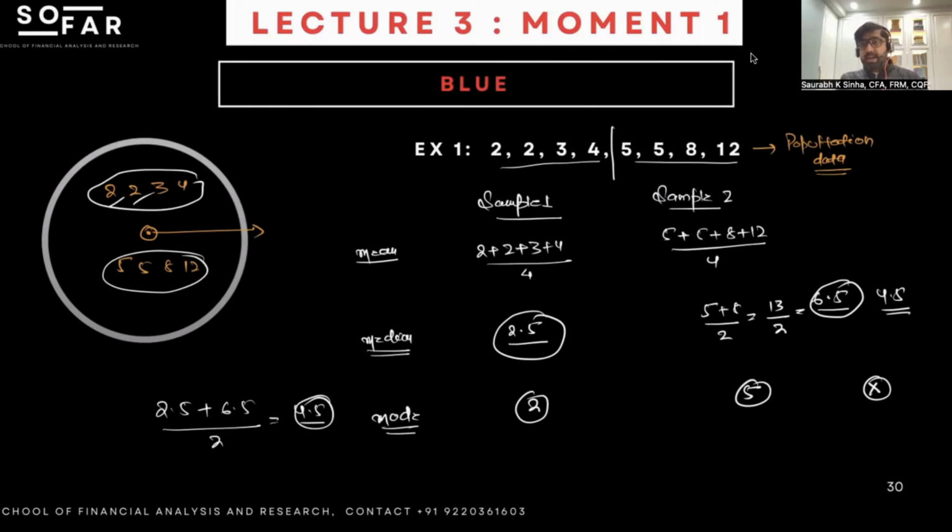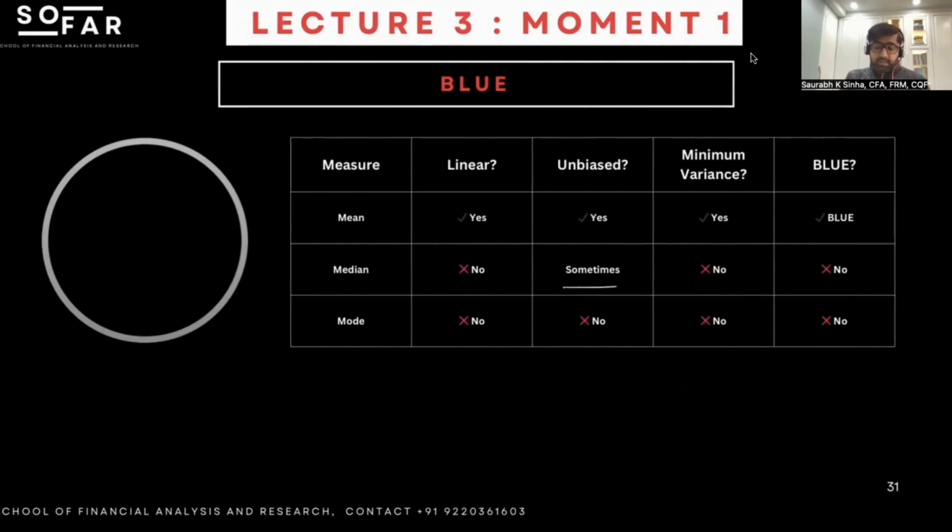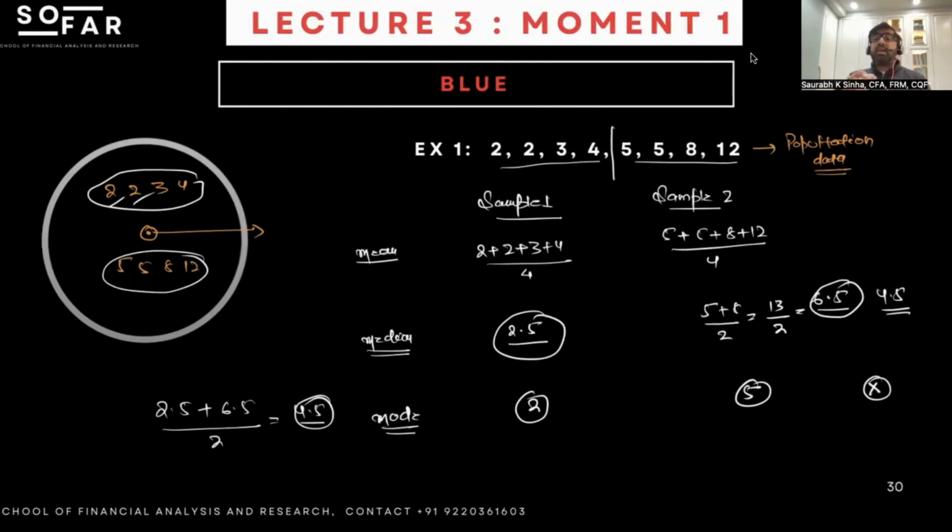If you change the number slightly, make it 6, the median will change, and it is not going to be equal to the population median. So sometimes median is an unbiased estimator, but not always. Sometimes median does. Mode never. Mode of the sample modes is never going to be the population mode. But the mean of the sample means is always going to be the population mean.